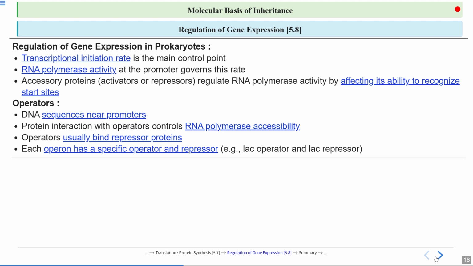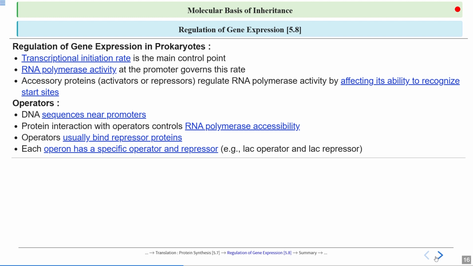So here what you guys need to understand, the main focus is that if we talk about gene expression in prokaryotes, the main control point is the transcriptional initiation rate. This rate is governed by RNA polymerase activity, because we know that RNA polymerase will go and bind to the promoter, and this whole transcription will start.